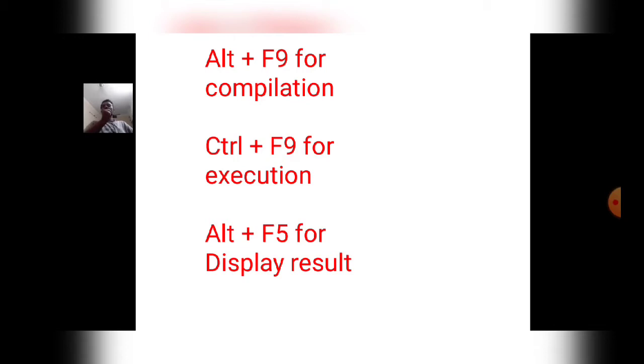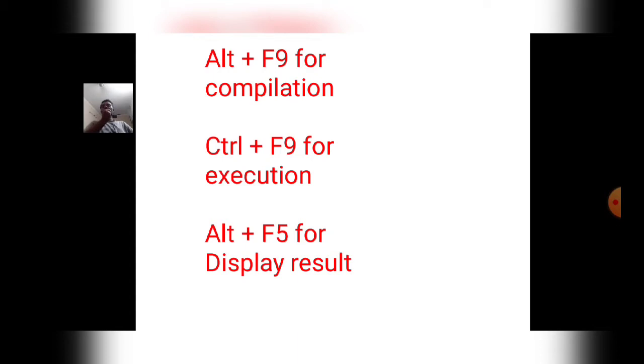Means in the execution process, the C compiler will execute the total program, then interact with the user, take the inputs into the program and give the output from the program. Okay, this is called execution. Then next come to the Alt F5 command.